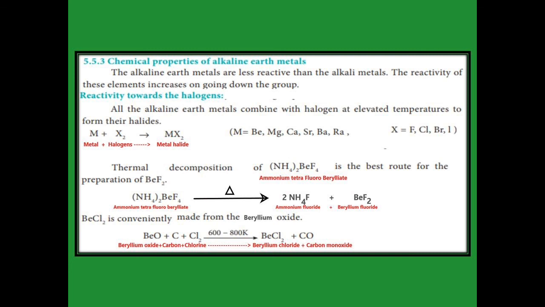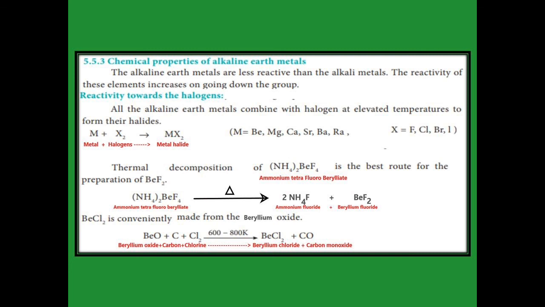Then the second one: thermal decomposition of (NH4)2BeF4. The name of that compound is ammonium tetrafluoroberylate. To prepare beryllium fluoride, we have to heat ammonium tetrafluoroberylate.